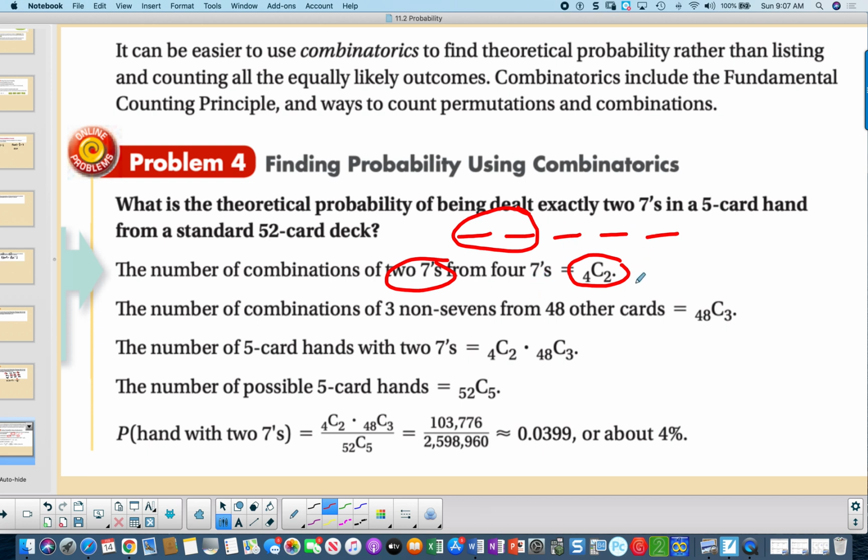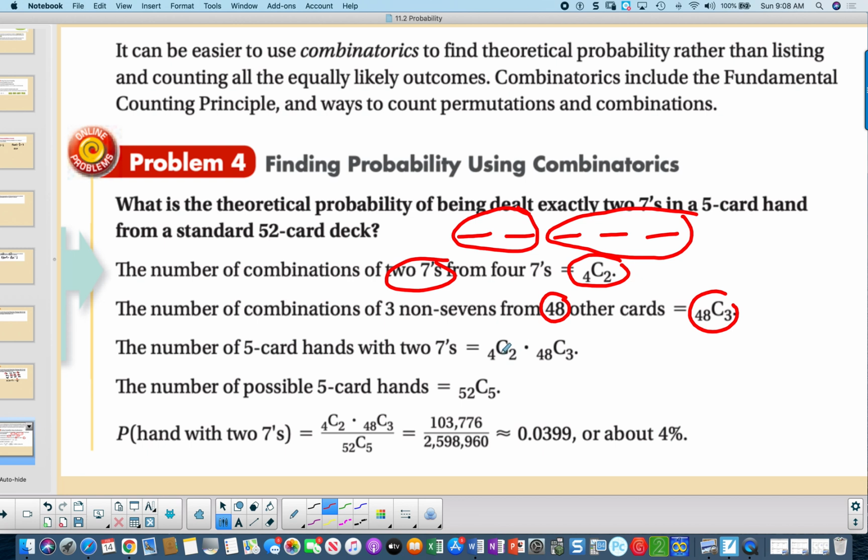Now, the rest of the hand comes from the remaining cards, and the remaining cards are those that are not 7s. So these are the number of cards that are not 7s, and the other 3 cards will come from them. So a combination of 48 chosen 3.